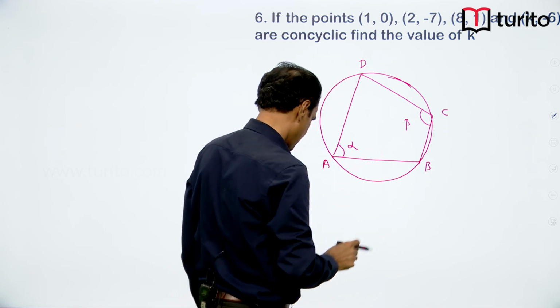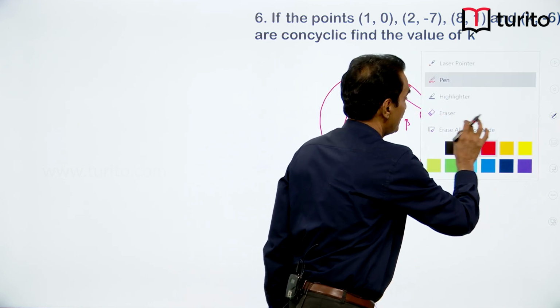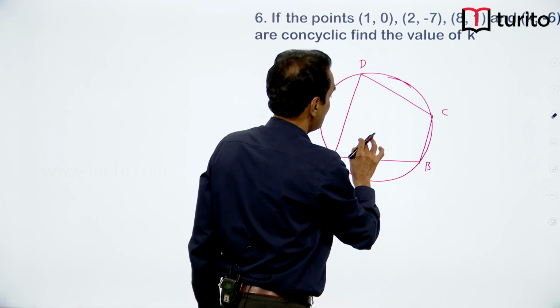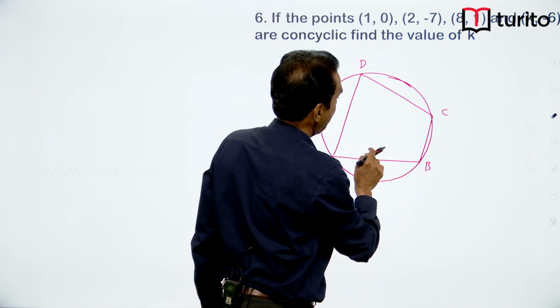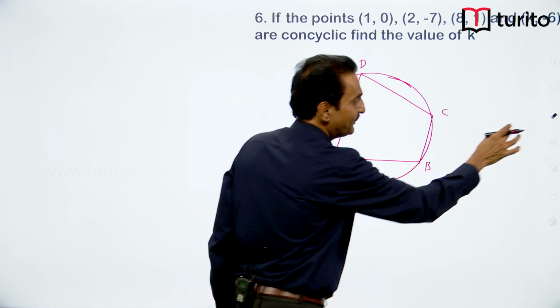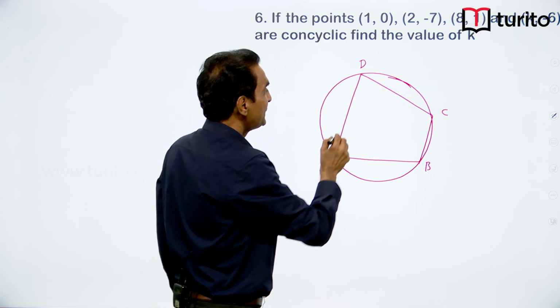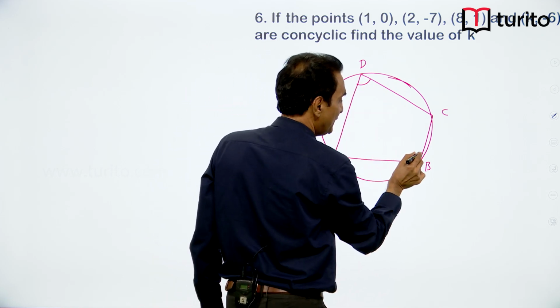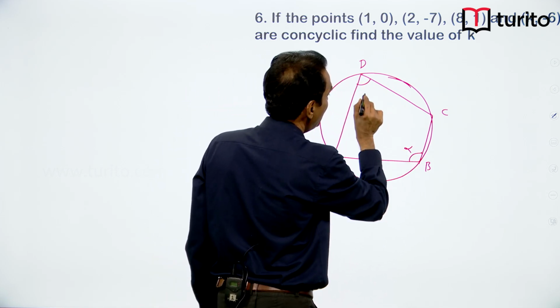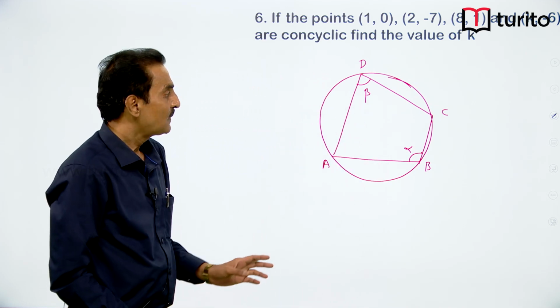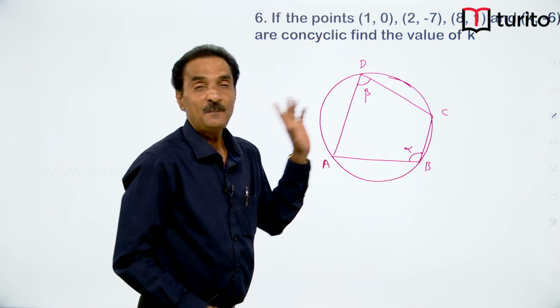or better, everything is okay. I will take these two angles as alpha and beta. Now, alpha plus beta is pi.